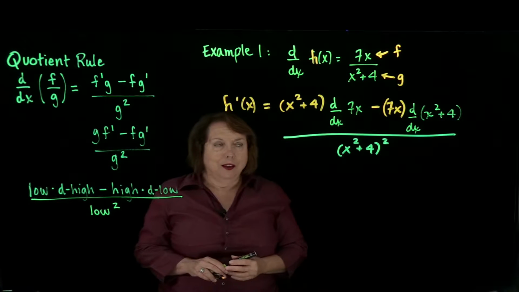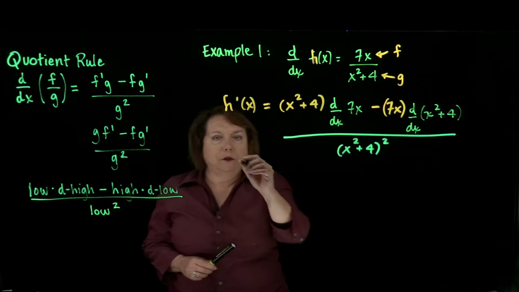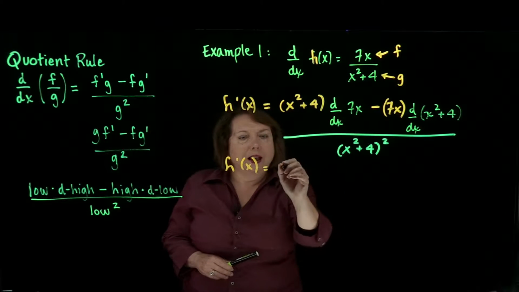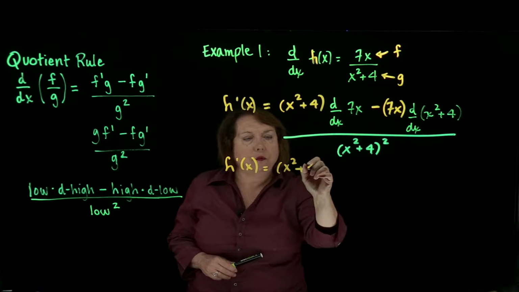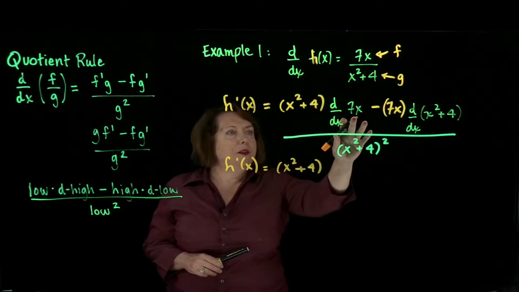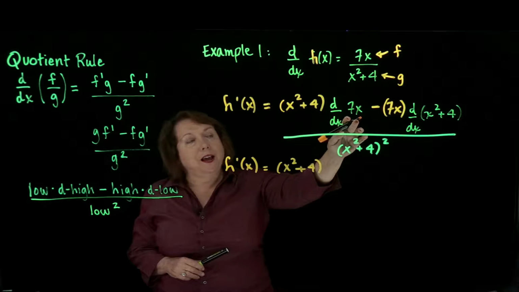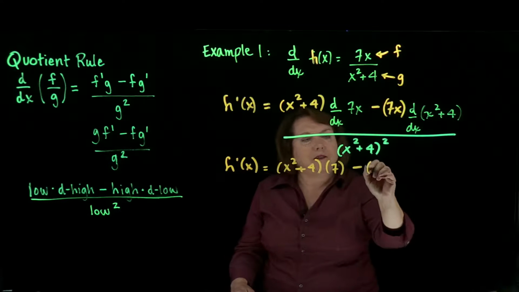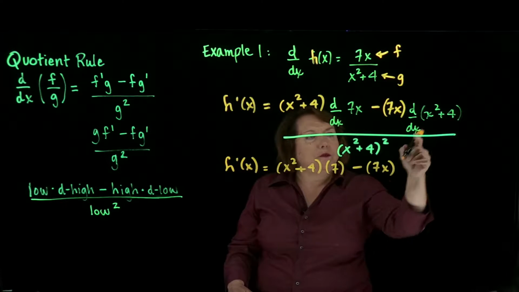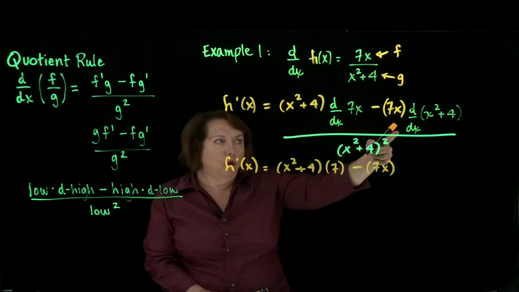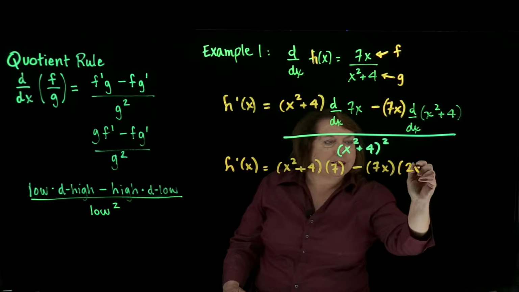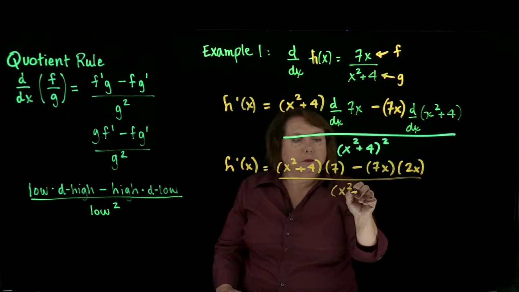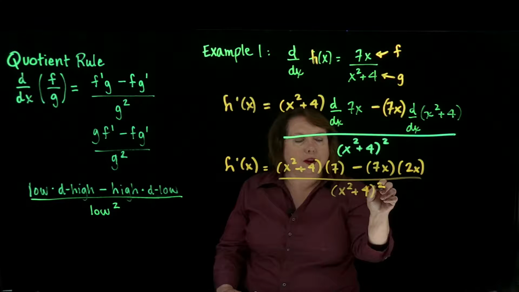All right? So let's go ahead and take another iteration of this. So h prime of x then is equal to x squared plus 4 times the derivative with respect to x of 7x, which is just 7, minus 7x times the derivative with respect to x of x squared plus 4, which will be 2x. And then we're going to divide this all by x squared plus 4, that quantity squared.